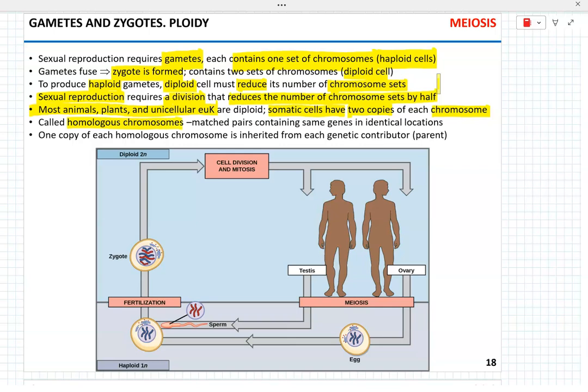As you may remember, in a pair of homologous chromosomes, the chromosomes match because they contain the same genes in identical locations, genes that are called alleles. And as we mentioned before, one copy of each homologous chromosome is inherited from each biological parent.